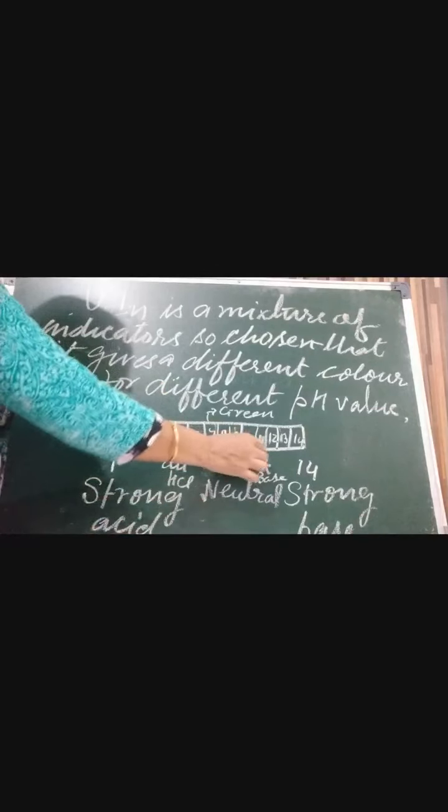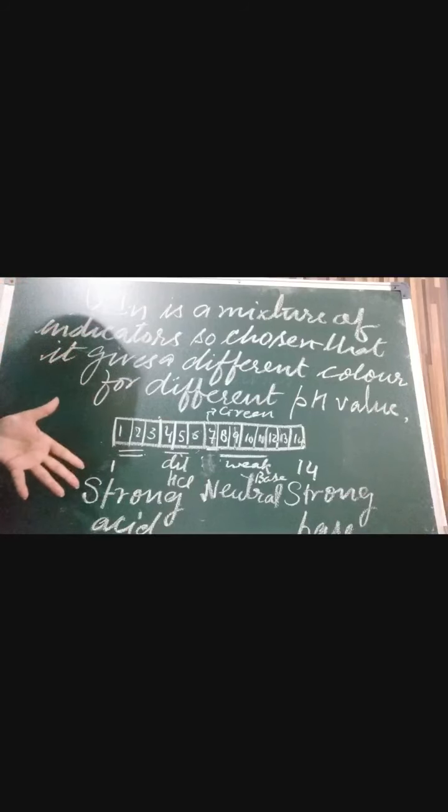It is purple violet, light blue for weak base, and dark blue or purple violet, what base? Strong base, okay. So the universal indicator tells us about the strength of the substance, whether it is strong or weak. Children, is this clear to all of you?